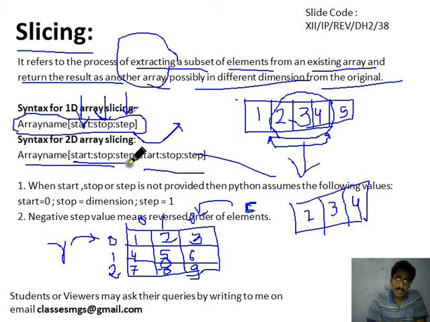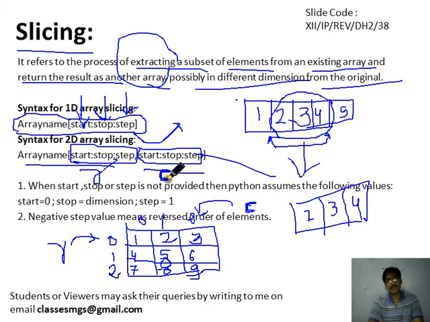Now the slicing will work like this. The first portion of the slicing is used to filter or slice the rows, and the second portion is used to filter the columns. So keep this in mind.